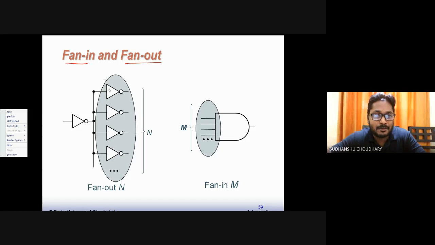Now this fan out sets conditions on the input and output impedance.